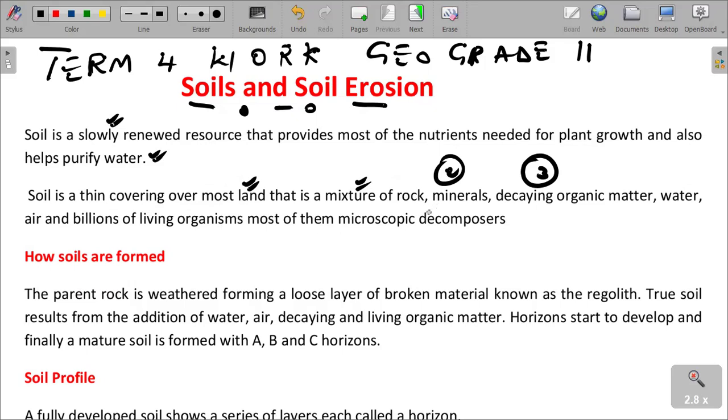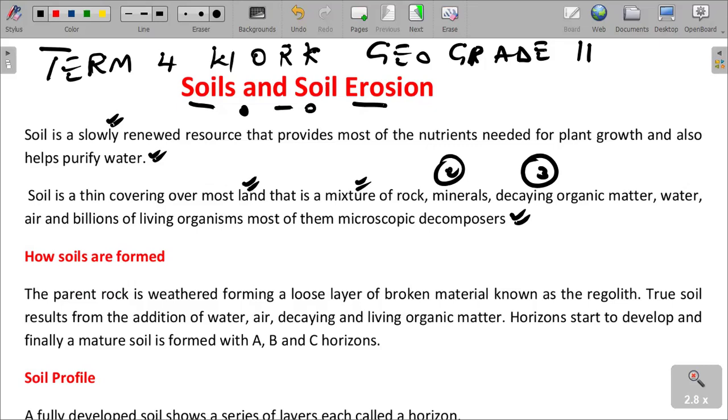Most of them are microscopic decomposers. The soil is a mix of various elements. We have minerals in there, decaying organic matter, dead plants and animals.